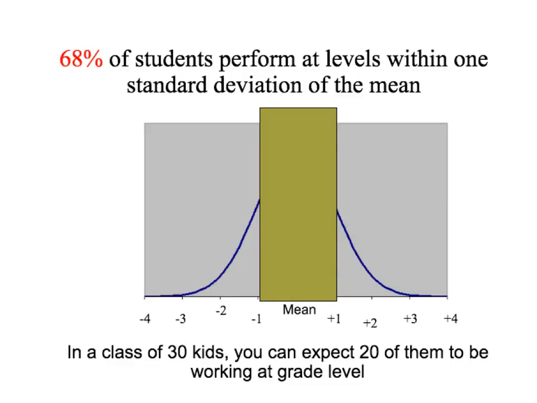And it's because the children are grouped into grade levels by age, and the academic expectations are targeted to be reasonable and attainable by students of that age. So if you had a class of 30 kids, you could expect about 20 of them to be working at grade level.